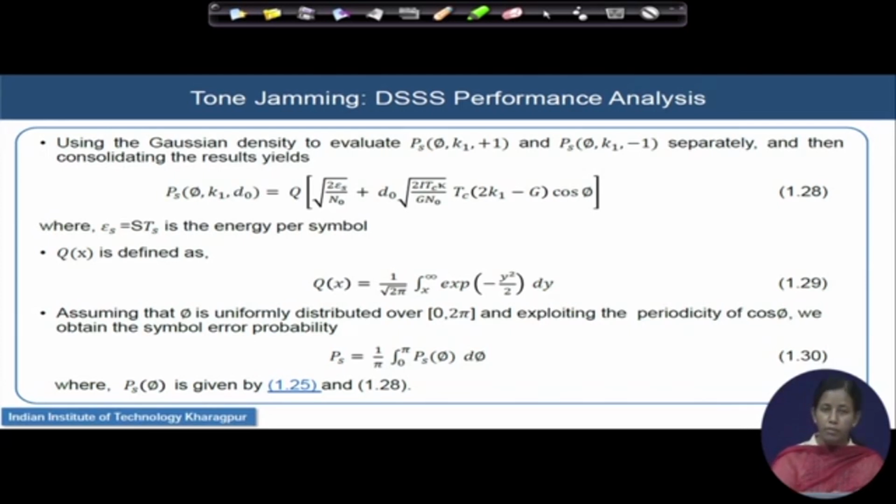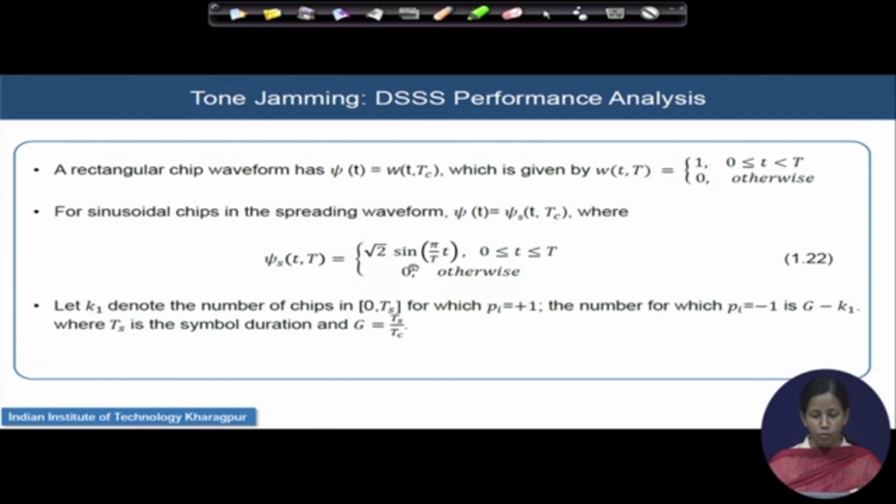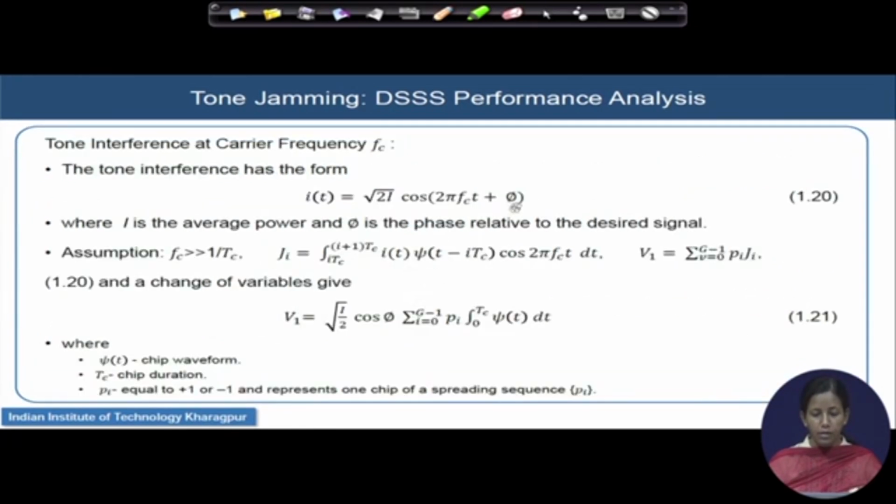What is the total symbol error probability we are now interested in? In order to compute it, you have to know the distribution of this phi. We should go back and revisit the definition of phi. We defined in the first few slides that phi is the phase associated with the jamming signal, given relative to the desired signal.